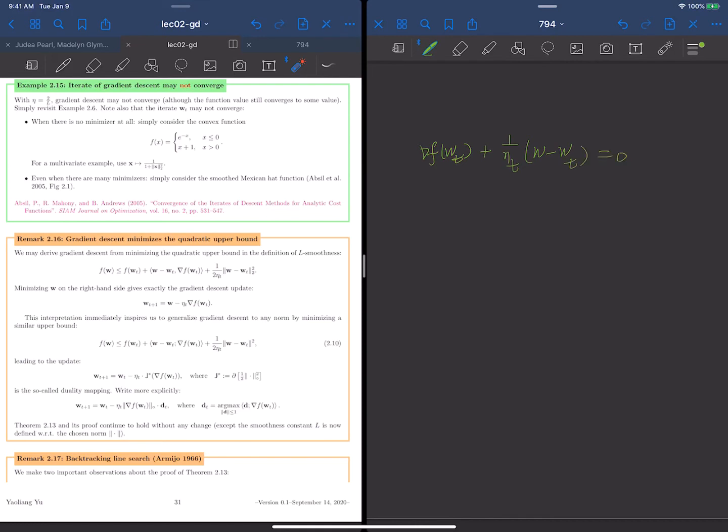And then if I solve this, I get w equals wt minus eta t times the gradient. This is what I wrote here. So you see, the gradient descent step is derived by minimizing the quadratic upper bound in our definition of L smoothness.